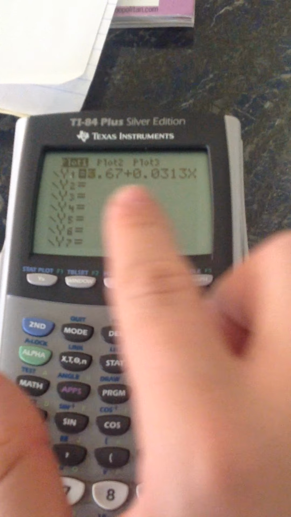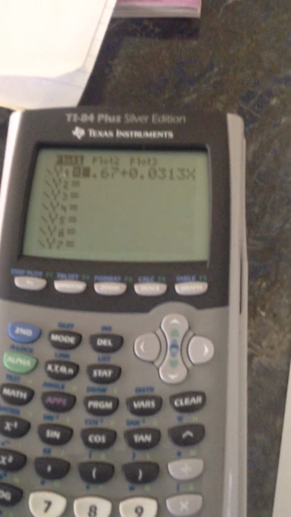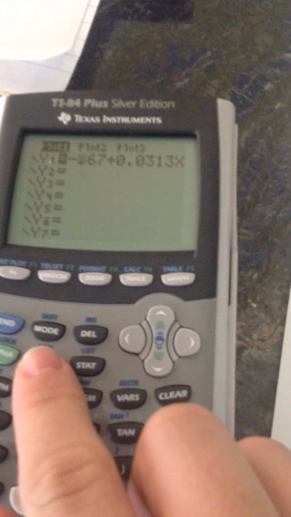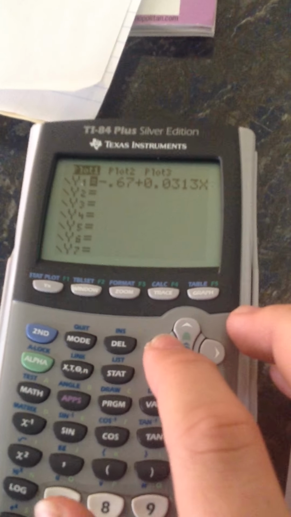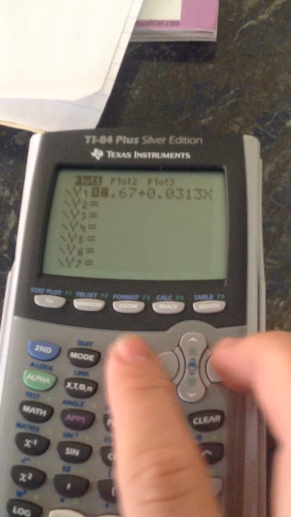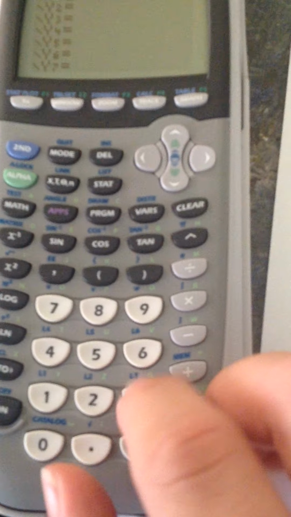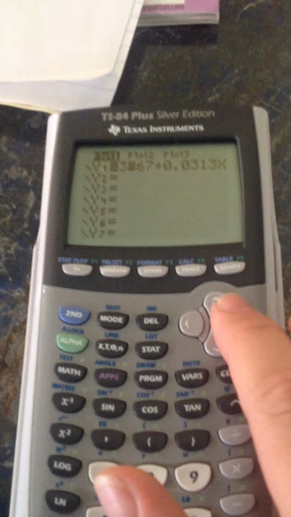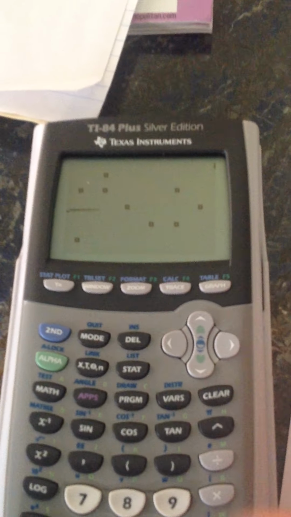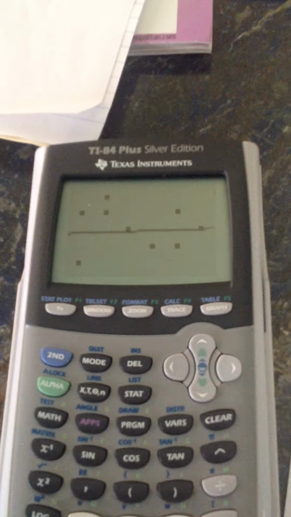Type that in right into there. Easy enough, right? X is right here on the calculator, by the way. Just press that, and let's just undo that. That's not gonna work out. This was a 3. Sorry, I pressed a button by accident. Okay? Then click on graph, and it makes your prediction line.